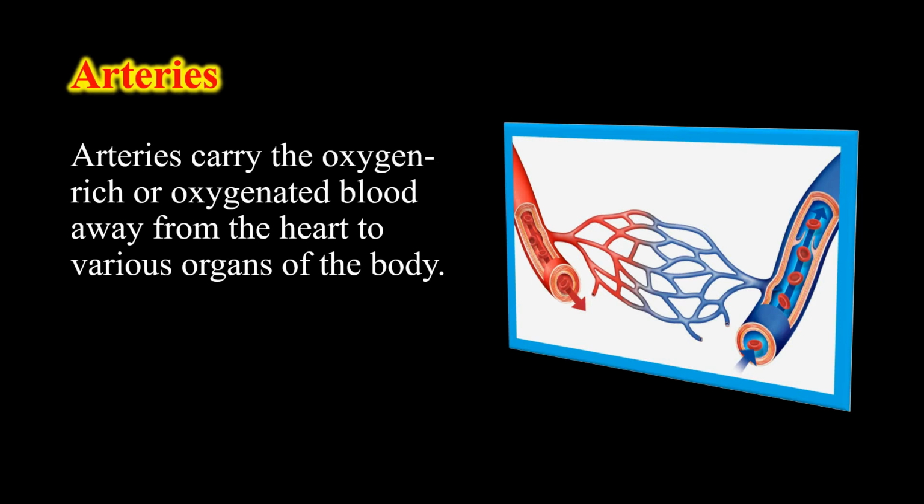Arteries receive the blood from the heart and distribute it to the different parts of our body, and that's why the pressure of the blood flow in the arteries is very high, due to which the walls of the arteries are very thick and elastic to bear the high blood pressure, and they are located deeper under the skin.